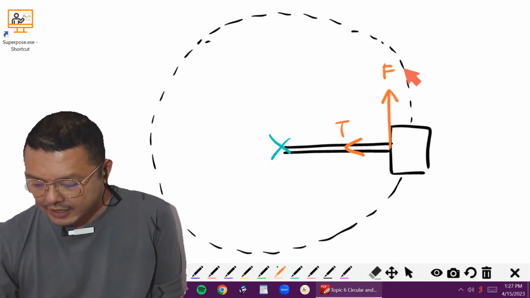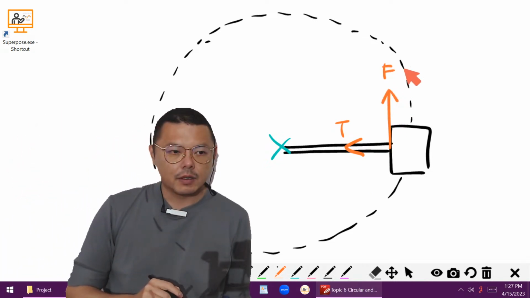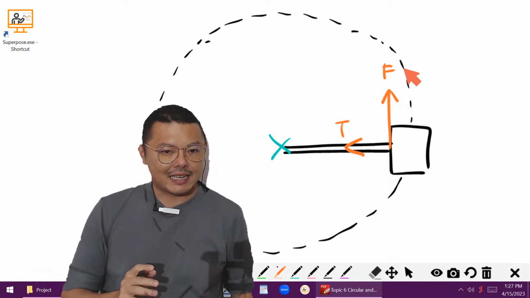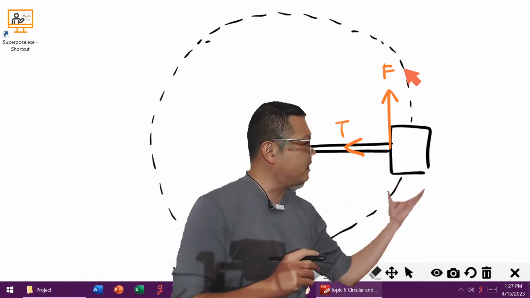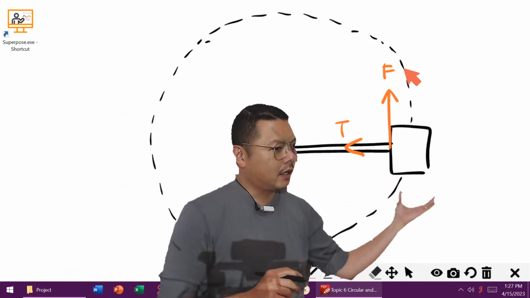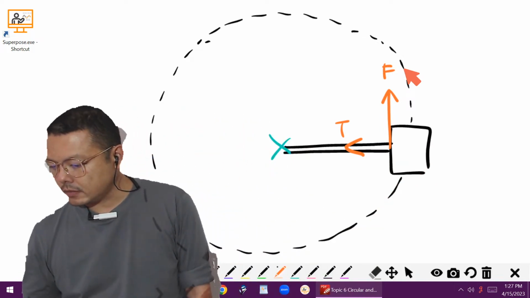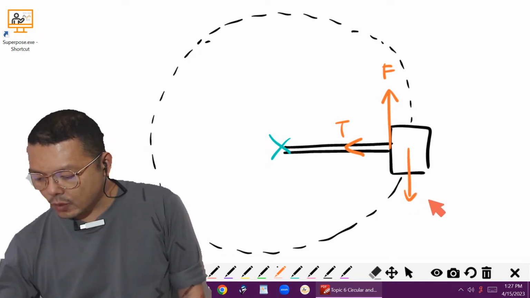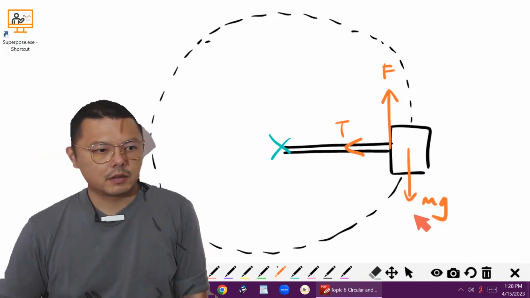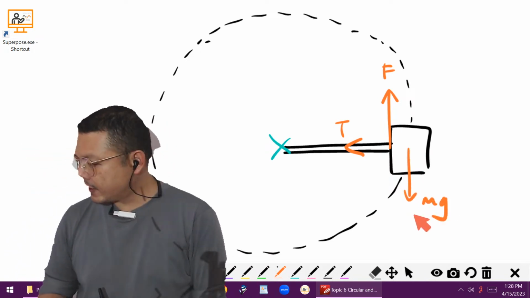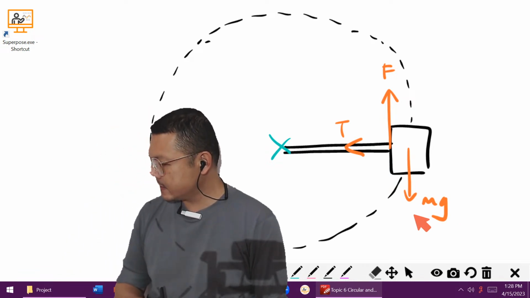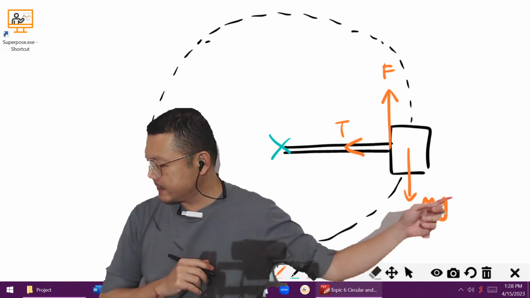I'm just going to call it F. This force is like a pushing force. It helps to lift this object up. But what should it try to balance? It should try to balance the weight. The lifting force must balance the weight.